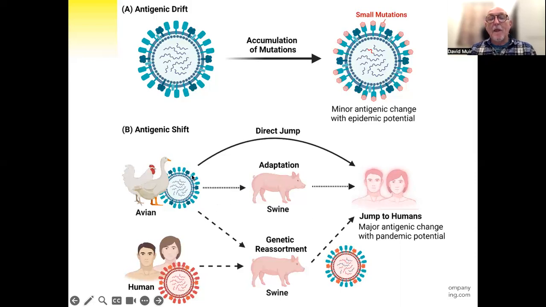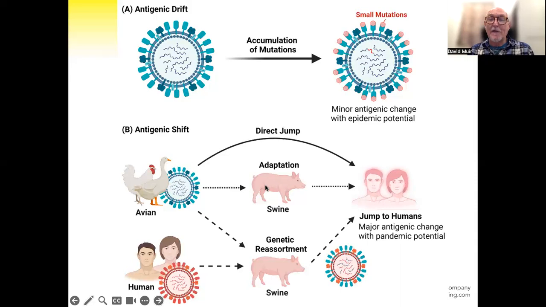In addition, any one of these viruses, human or the avian, can move through pigs and be adapted in pigs, can be changed in pigs, and then be passed to humans.